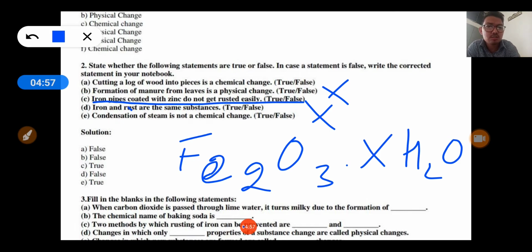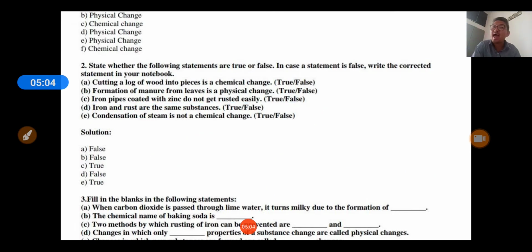So the rust is also called iron oxide. So it is a chemical compound, and iron is an element, it is a metal element, so these are not same substances. Part number E, condensation of steam is not a chemical change. Yes, this is correct because condensation process is physical change.